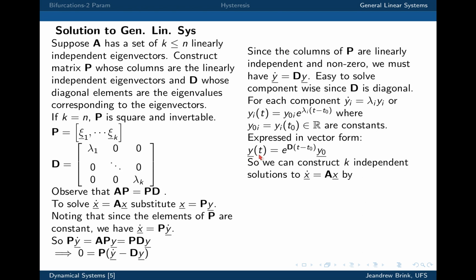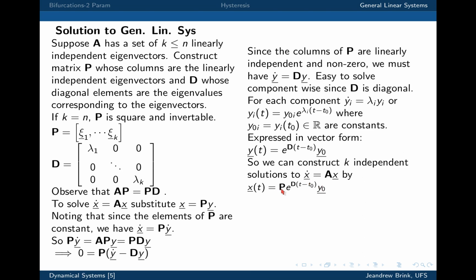And we can go back and use this expression, and we've proved that if we write x this way, we solve the differential equation. That's how we constructed y. But y may not be full. In other words, by using this construction, we have k independent solutions to the problem x dot equals Ax.